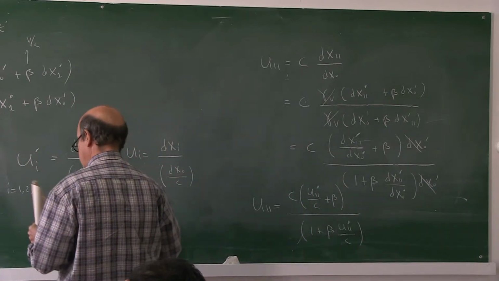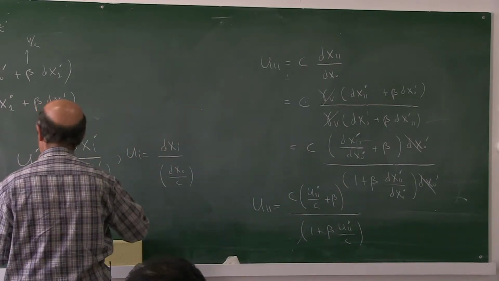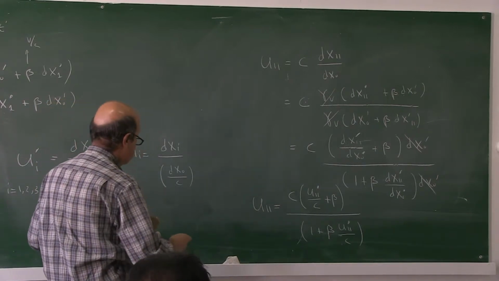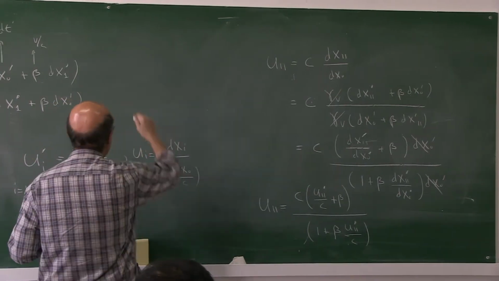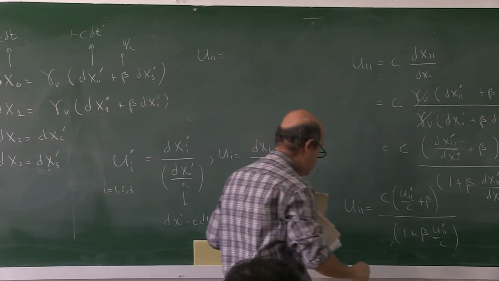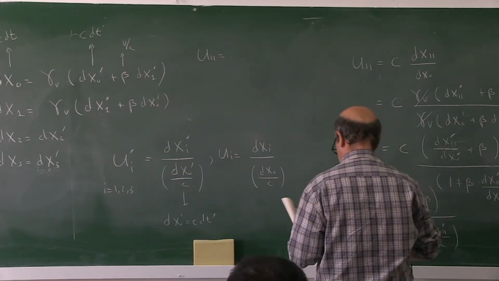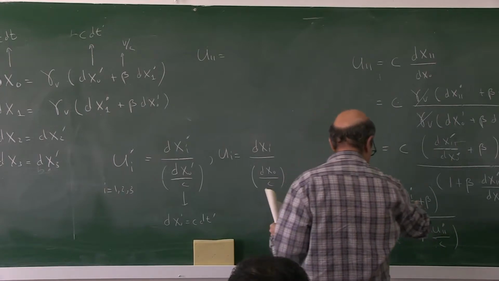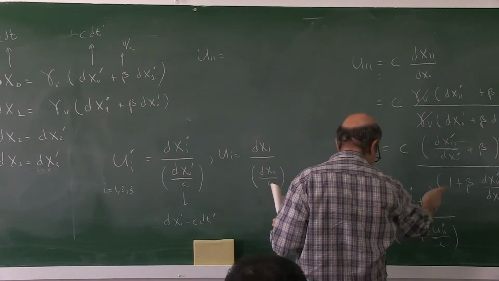So let us organize these terms. If you put the value of beta, v over c, the c's will be cancelled.